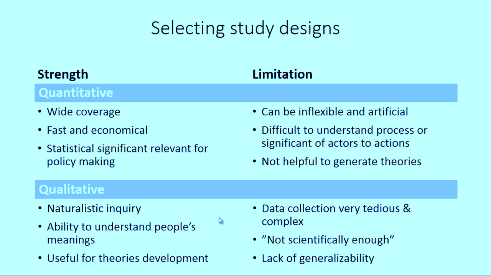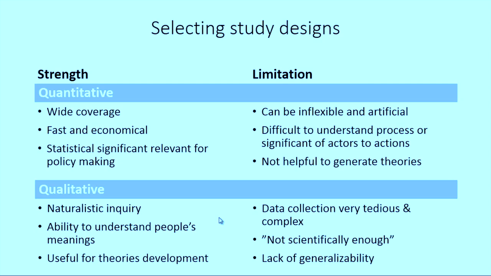On the other hand, there are several limitations in both methods. For example, quantitative study, because of the study design, can be inflexible and artificial, for example, in randomized controlled trial. It's also difficult to understand process or significance of factors to action, and it's not very helpful to generate theories.